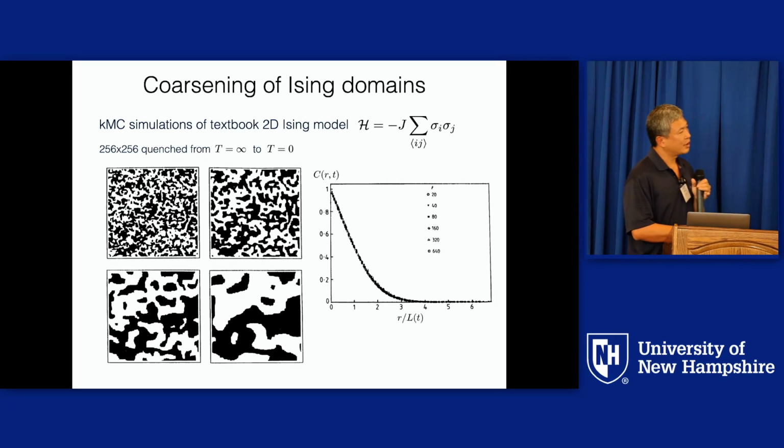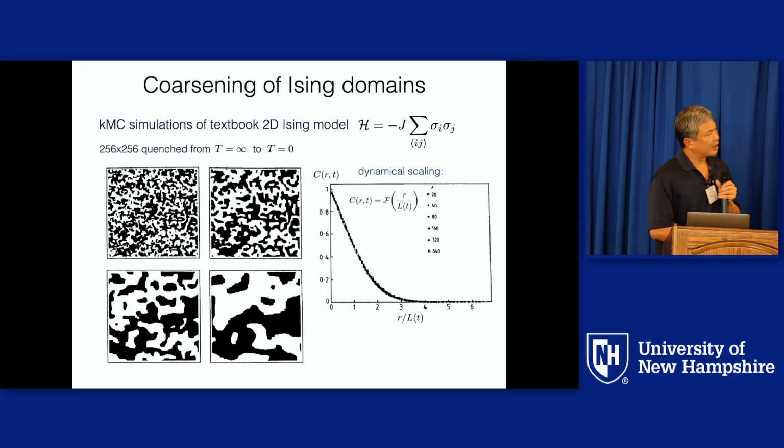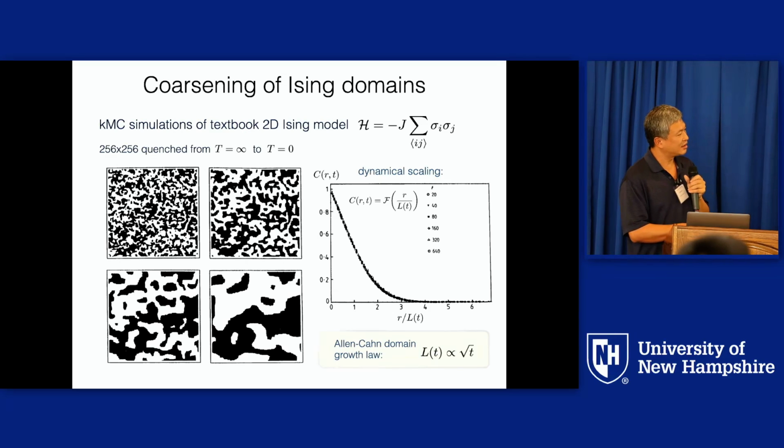And if you compute the correlation function at different times after the quench, and properly rescale the distance by some characteristic length, then all the different curves collapse onto the same curve. This is an example of dynamical scaling. And this characteristic length increases with time according to this square root of time behavior. This is called the Allen-Cahn domain growth law.